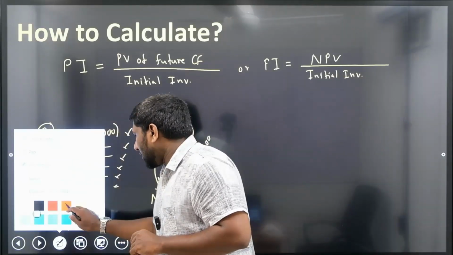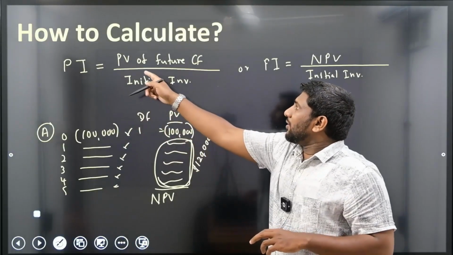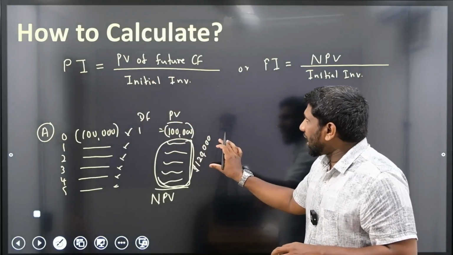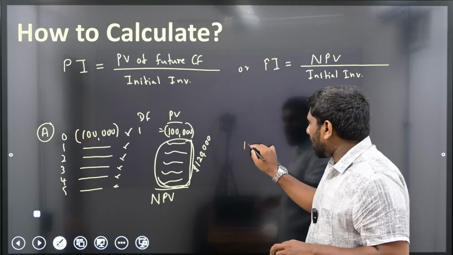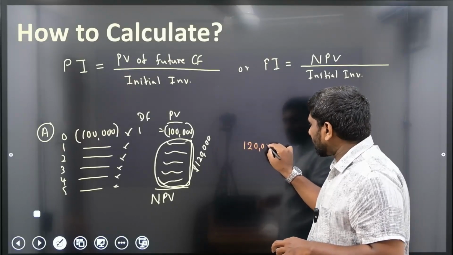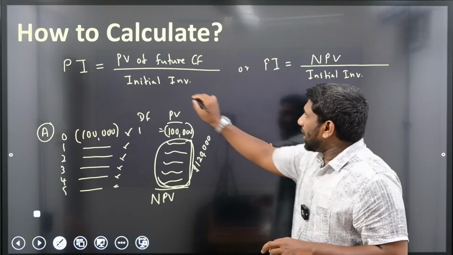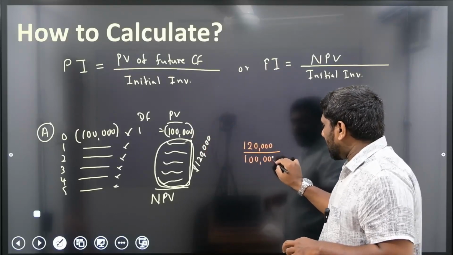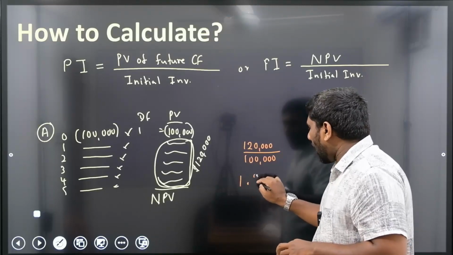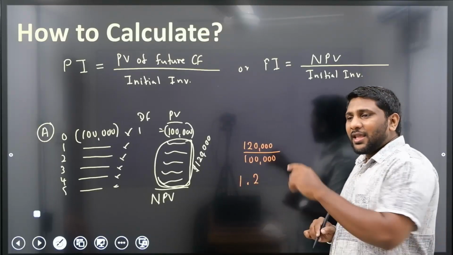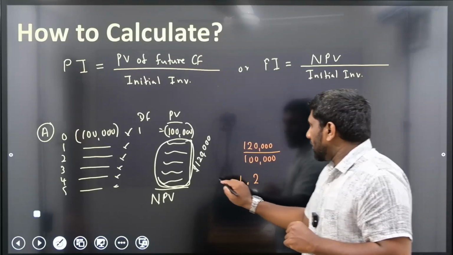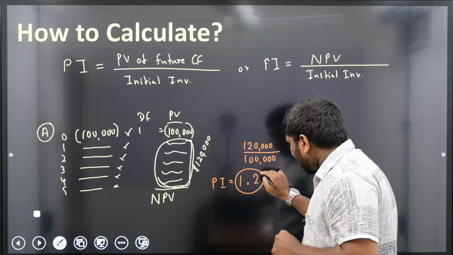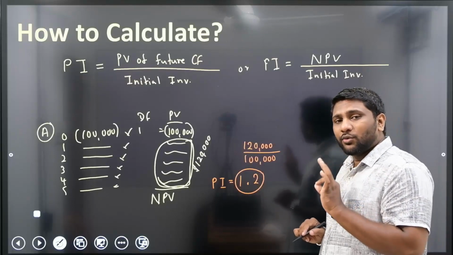First one: I have given the present value of future cash flows, which is 120,000, divided by the initial investment, which is 100,000. Then you get a value of 1.2. Your profitability index is 1.2.